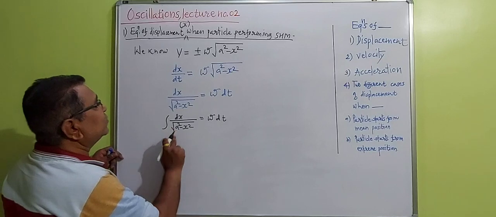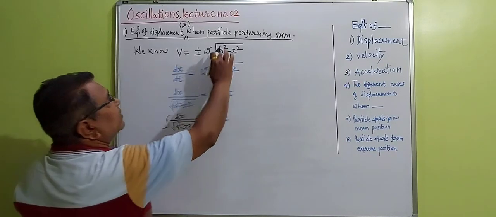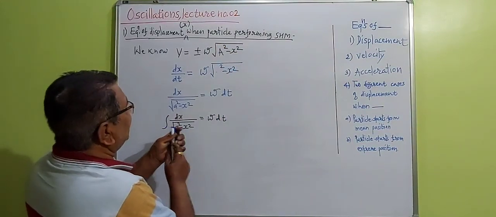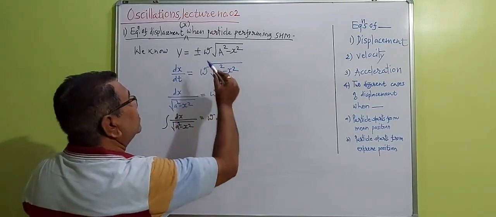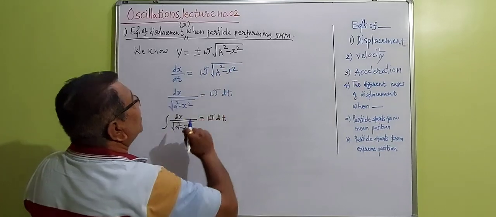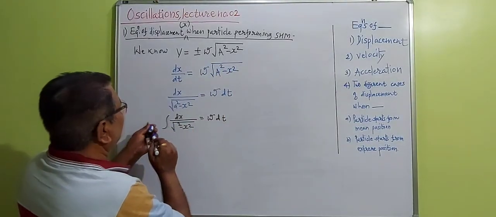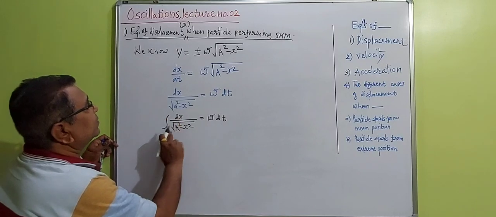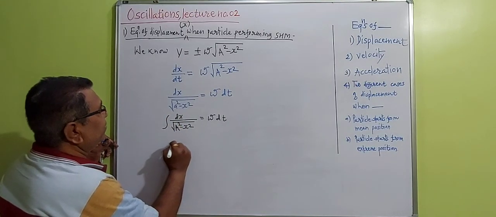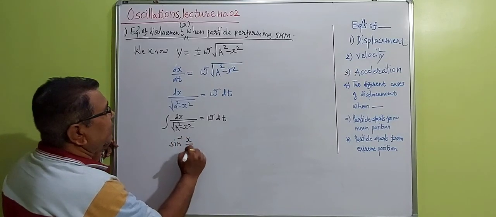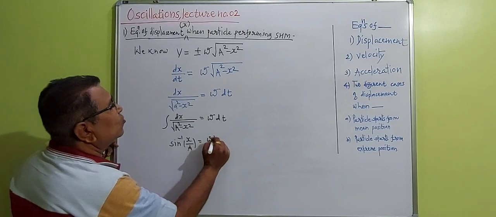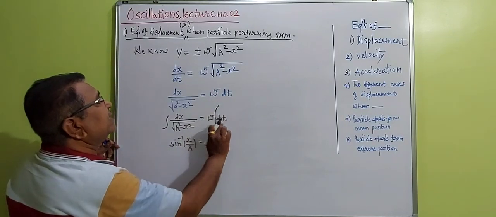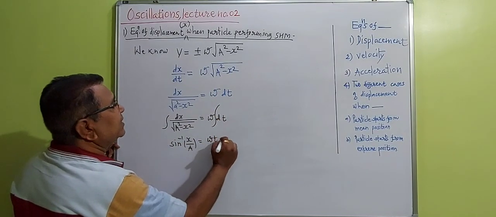Sorry, we will take capital A square here, because we have determined to indicate amplitude by capital A. So integration of dx upon square root of capital A square minus x square, you will get sine inverse x upon A is equal to, integration sign is remaining here, omega is constant, integration of dt, and integration of dt is t plus phi.